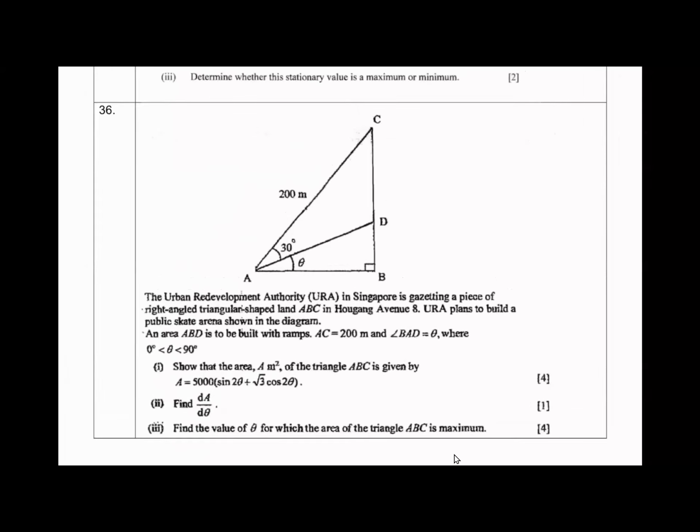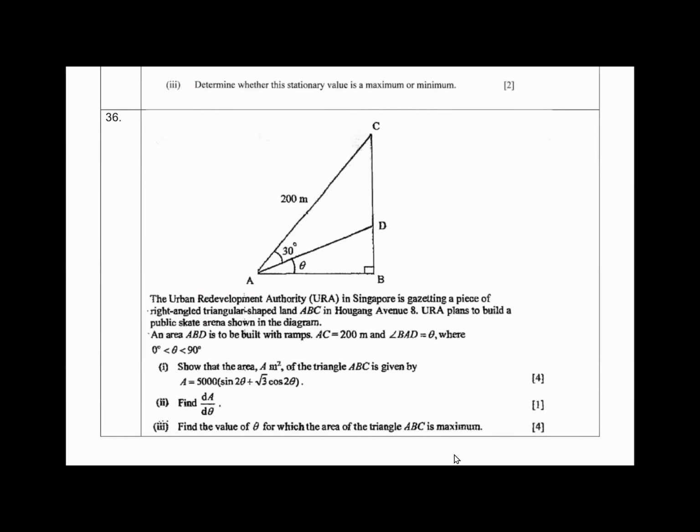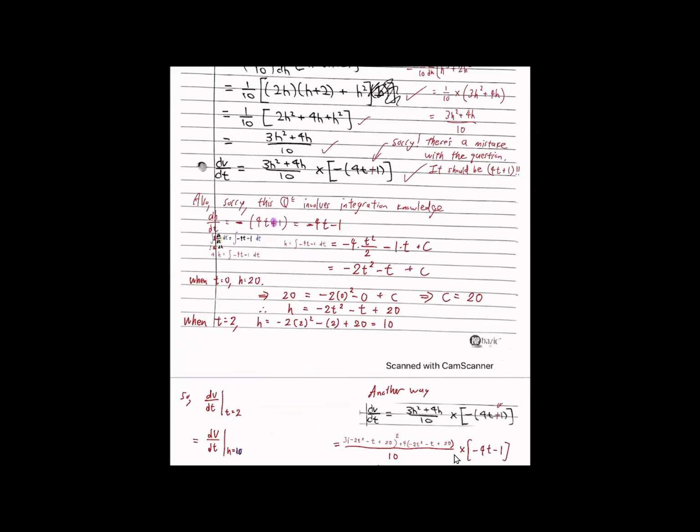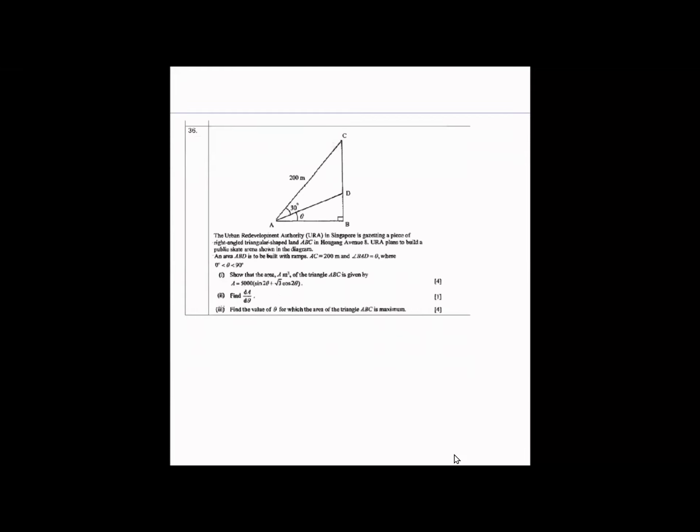Have I gone through this question already? Does it look familiar to you? No. Okay, we go through this because it involves trigo. Let's just go through this. Okay, let's take a look.